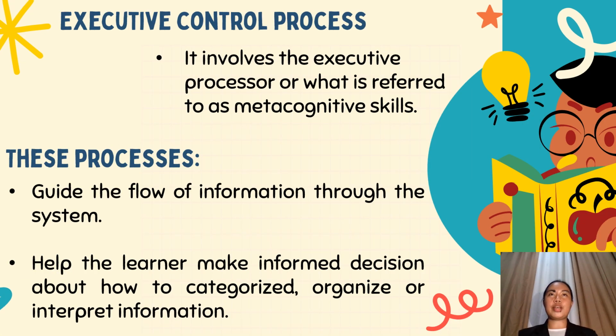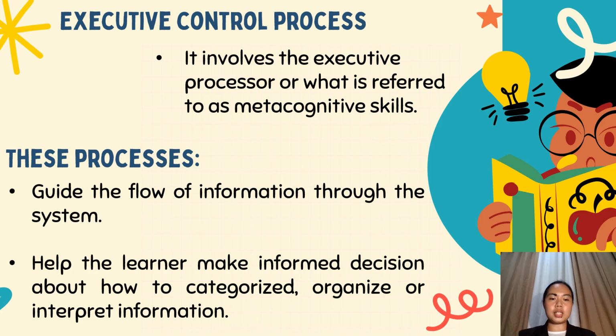Next is the executive control process. It involves the executive processor, or what is referred to as metacognitive skills. Executive control processes are a higher-level cognitive function that involves the executive processor. They are often associated with metacognitive skills, the ability to think about and manage one's own thinking.